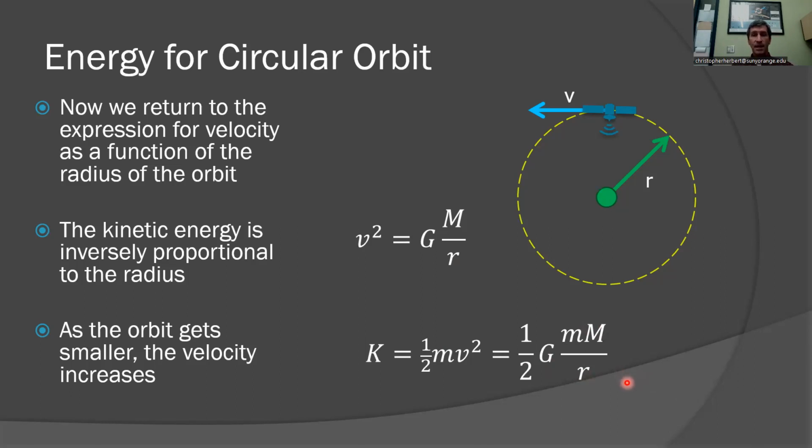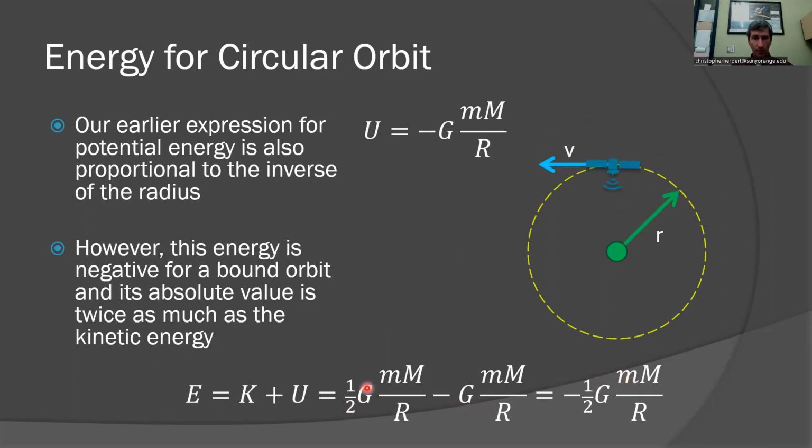So if I take the potential energy plus the kinetic energy, I see that the total energy for a circular orbit is negative 1/2 GmM over r. In looking at the energy for a circular orbit, the absolute value of the kinetic energy is half the absolute value of the potential energy. But remember, the potential energy is always negative for a bound system.